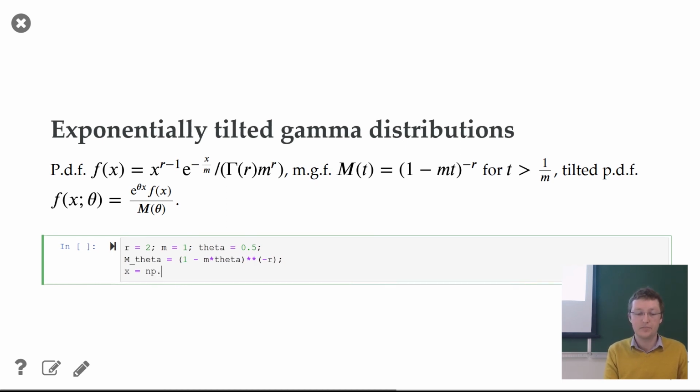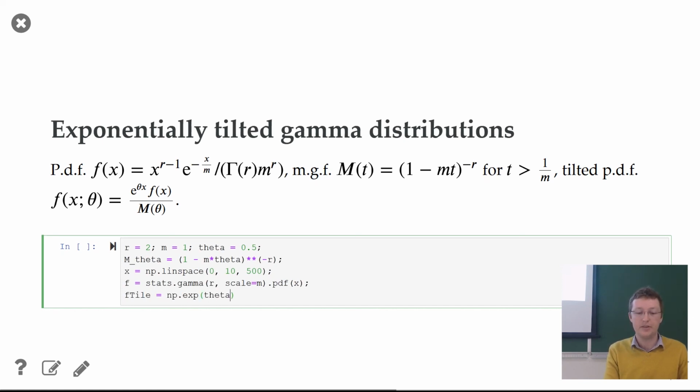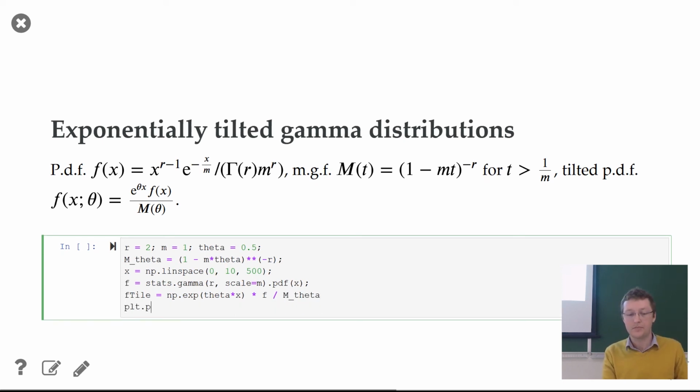If we plot this over just some grid, 0 to 10, then we can show what the original PDF was at these points, and then the tilted PDF, which is exponential theta times x times the original density divided through by that moment generating function evaluated at theta. So we can throw these down together. Put on a legend so we can tell them apart.